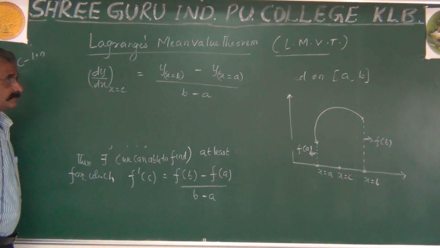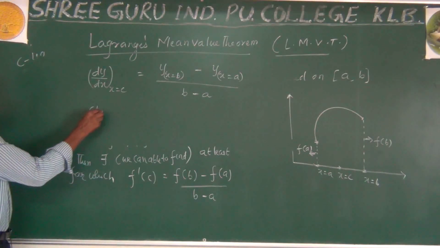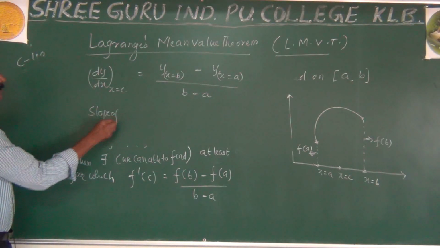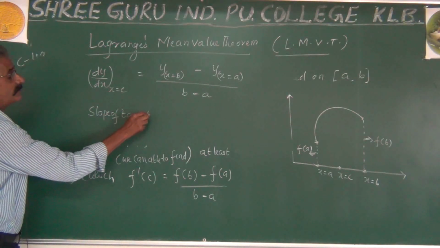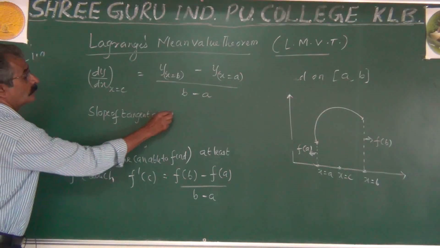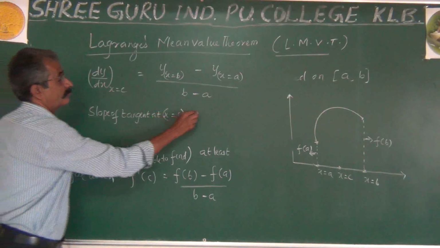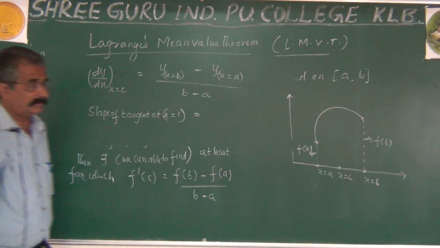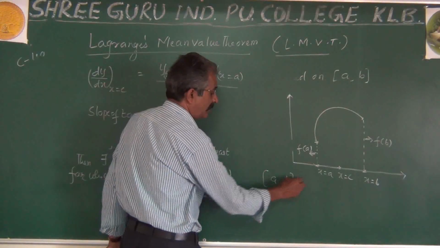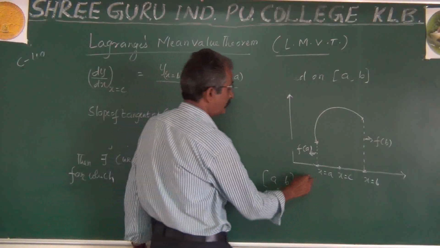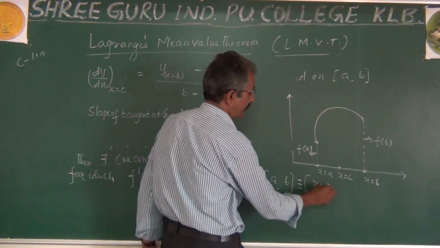Further, dy by dx means slope of tangent. Slope of tangent at x equal to c equals to... actually, interval. What is interval a comma b? Let us treat this interval for a moment as x1 comma x2.